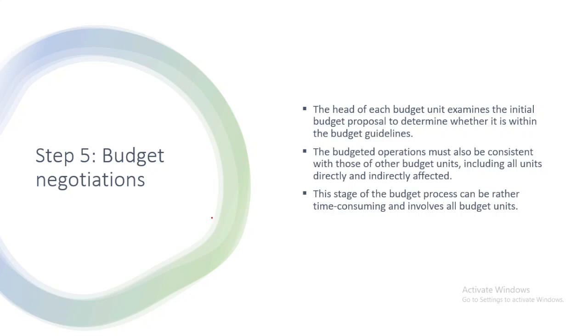Under this step number 5, the head of each department needs to examine the initial budget proposal to determine whether it is within the budget guideline, and the budget must also be consistent with those of other budget units, including all units directly and indirectly affected. This stage of the budget process can be rather time consuming and involves all budget units.